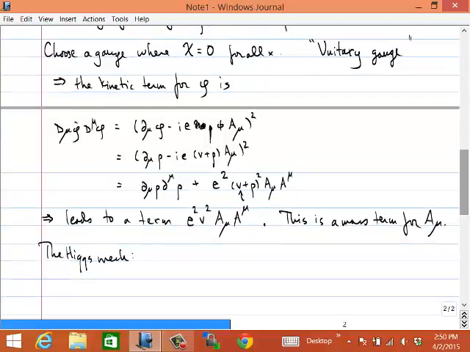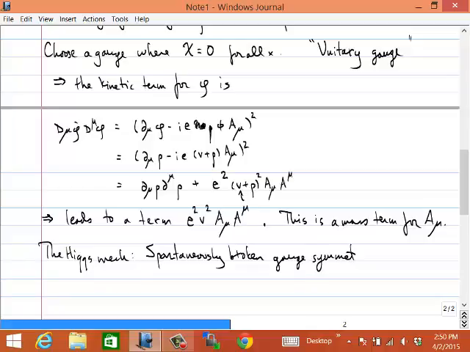And the basic idea is that whenever you have a spontaneously broken gauge symmetry, the corresponding gauge boson becomes massive.